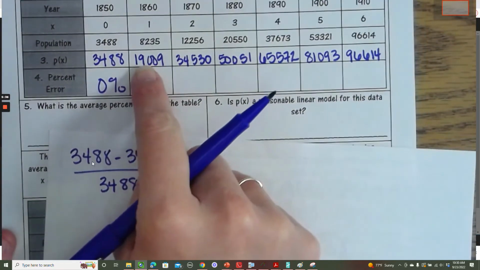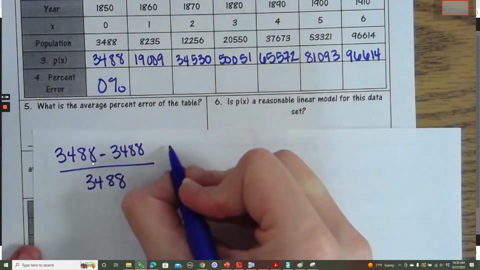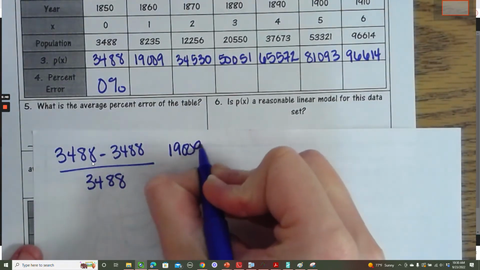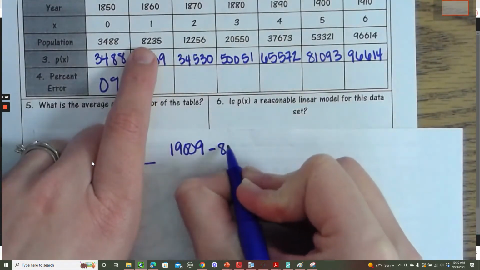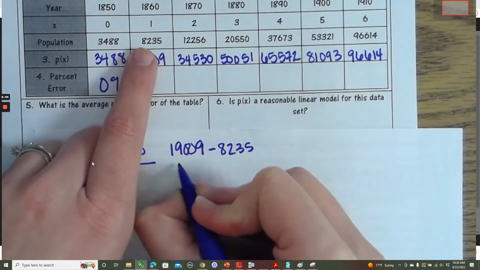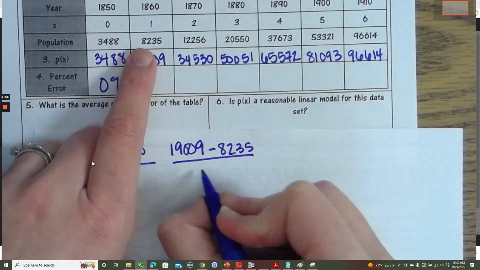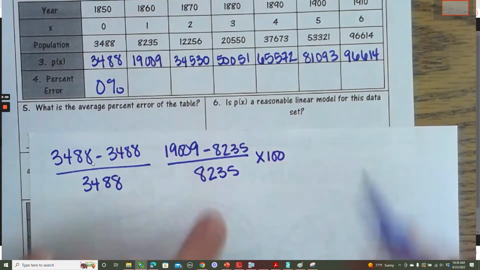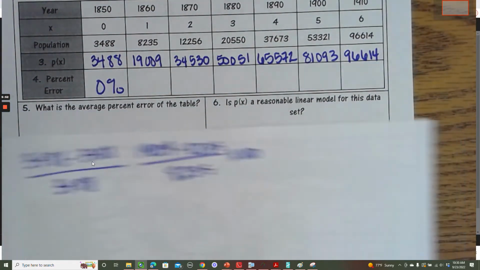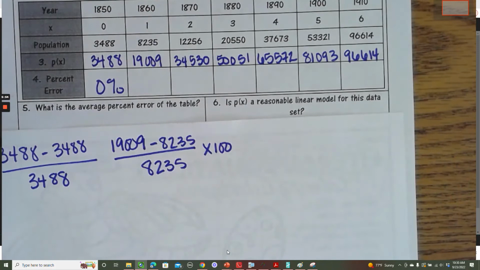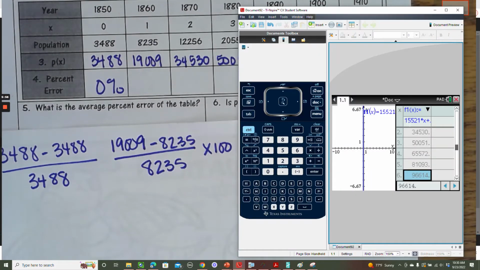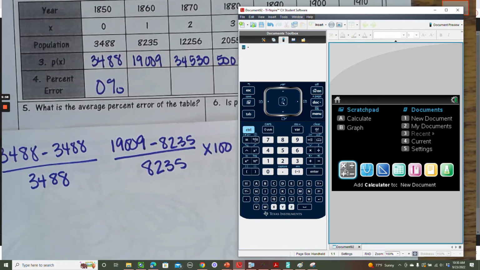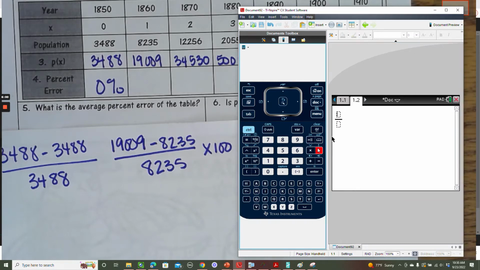So using better points here, predicted value minus the actual value. And then what we do is we multiply that by 100. You have to put that in the calculator for every single one. That's what I mean by tedious.